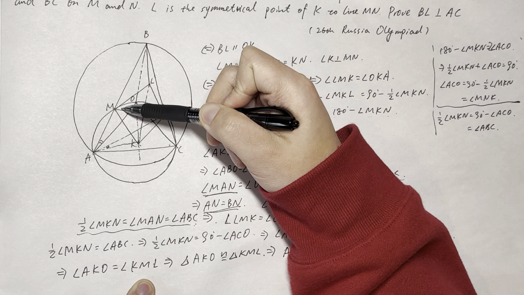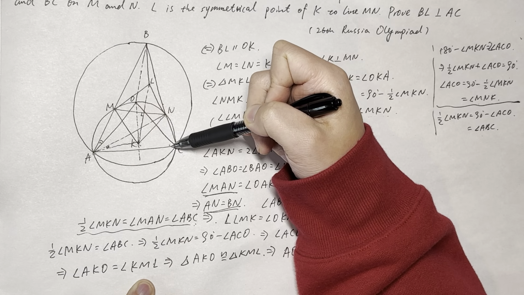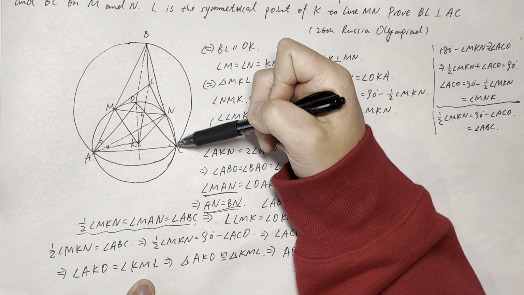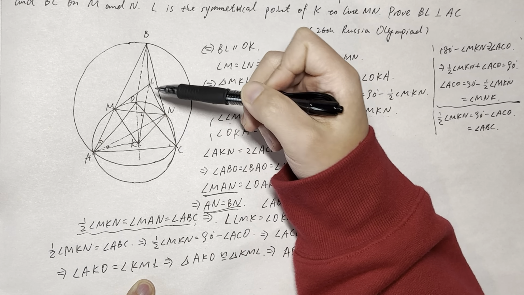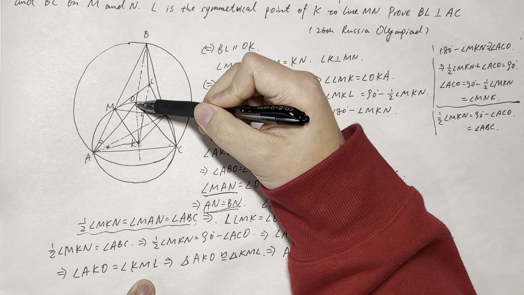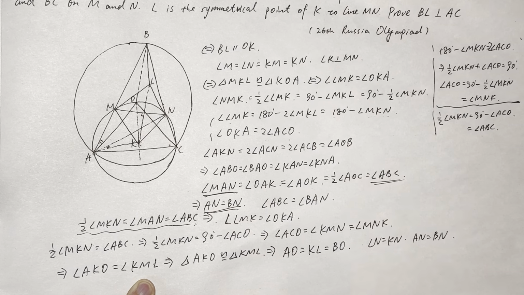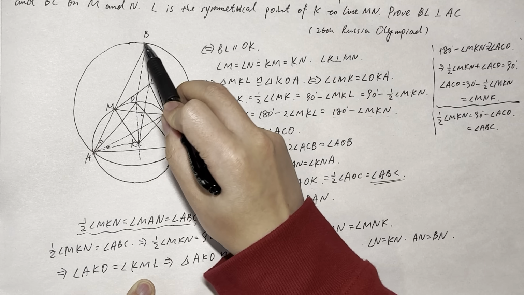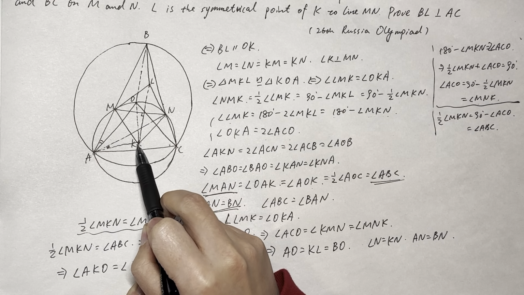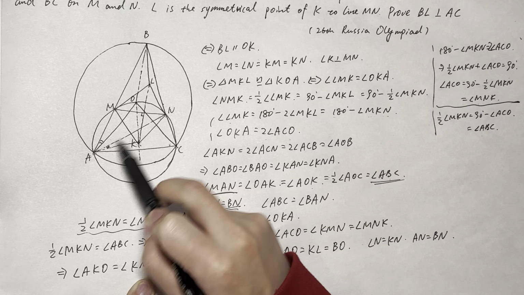That is this angle, that is this angle, and equals this one, equals angle OCA, which means angle LNB equals angle OAB, right? And angle OAB, we just proved equals angle KAN, which equals angle KNA.